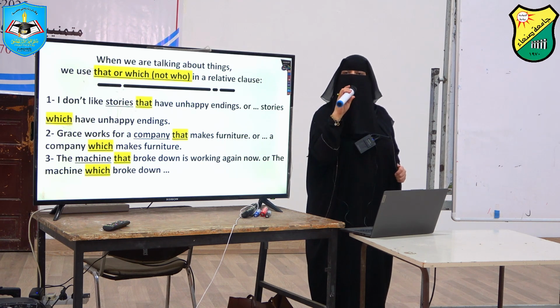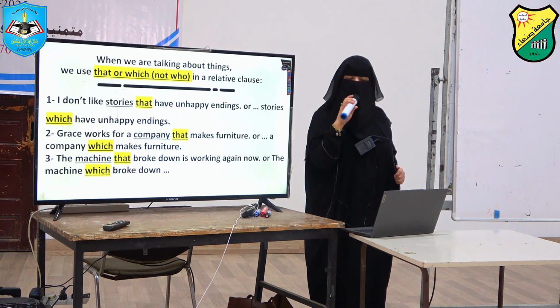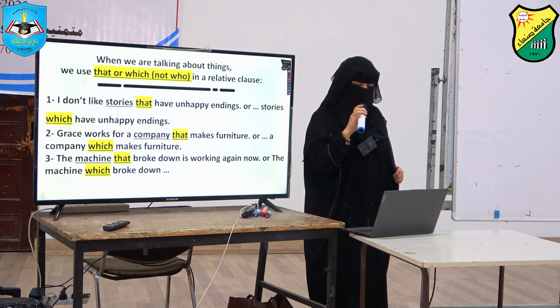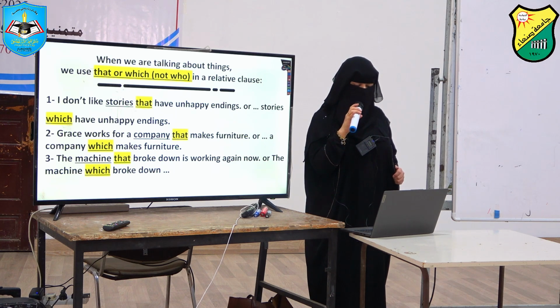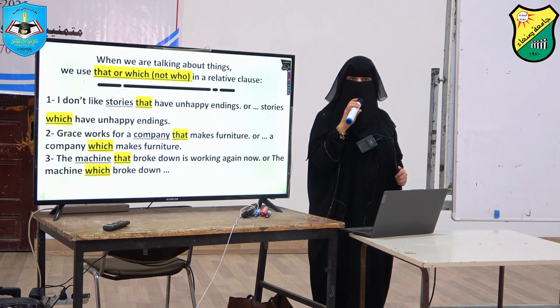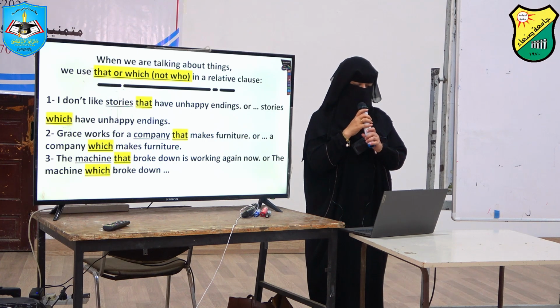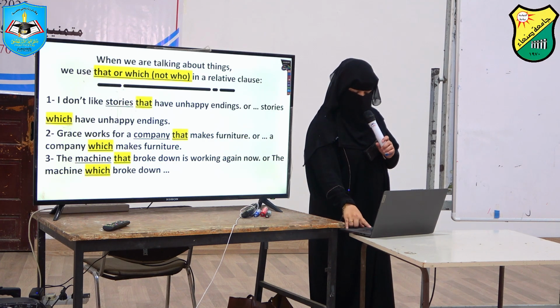I can say which instead of that. Okay, I can say I don't like stories which. Okay, number 2: Grass works for a company that, or for a company which. Both are correct. Okay, the machine that broke down, I can say the machine which. Both are correct.